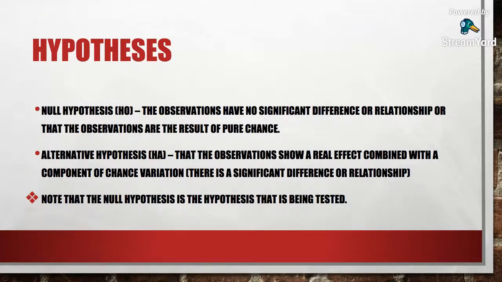So, for example, your problem is to determine the difference between the preferences of male and female. Then you must have one null hypothesis for that: that there is no significant difference in the preferences between male and female, for example. So it's a one-to-one relationship.